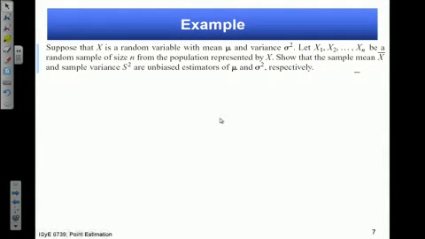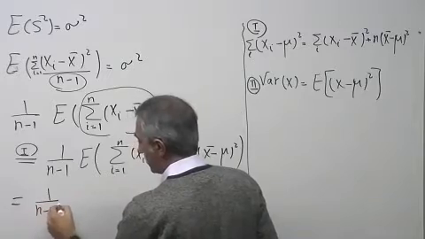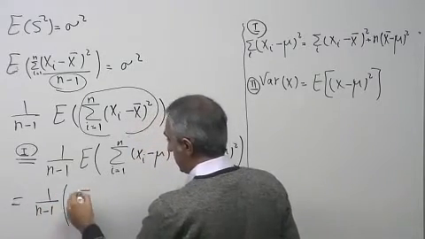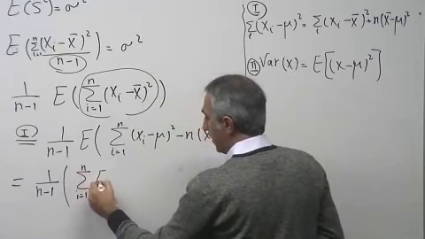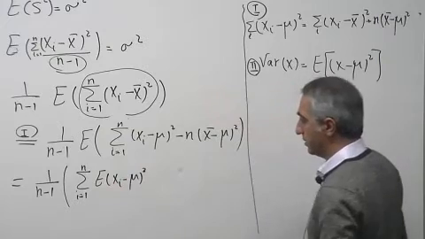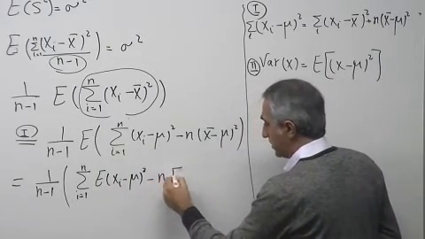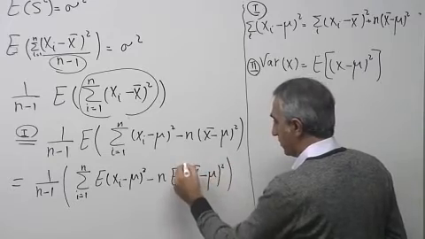One more step. Expected value of a linear combination is the linear combination of that expected value. So I can write this down as summation of expected value of xi minus mu squared, minus n times expected value of x bar minus mu squared.